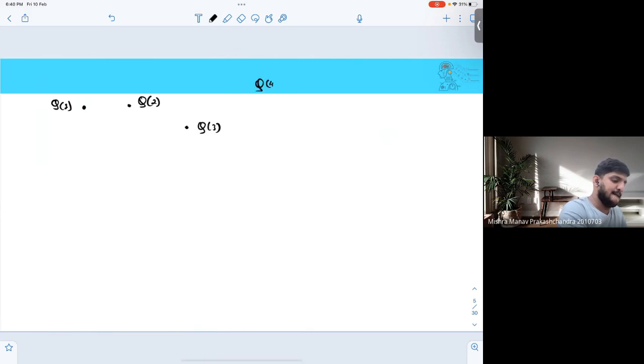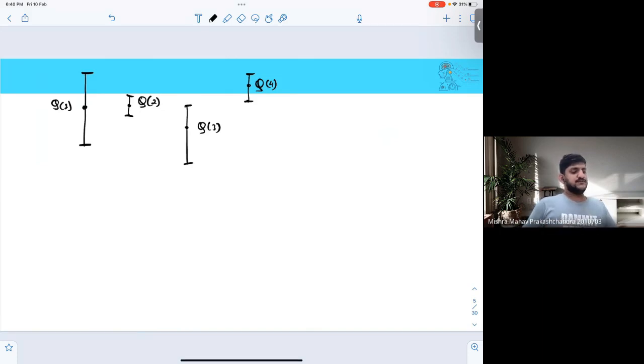Now, let's say this is the confidence bound of arm Q1, this is the confidence bound of arm Q2, this is for Q3, and maybe this is for Q4. So in this case, which arm am I more likely to select in the next iteration? What do you think?